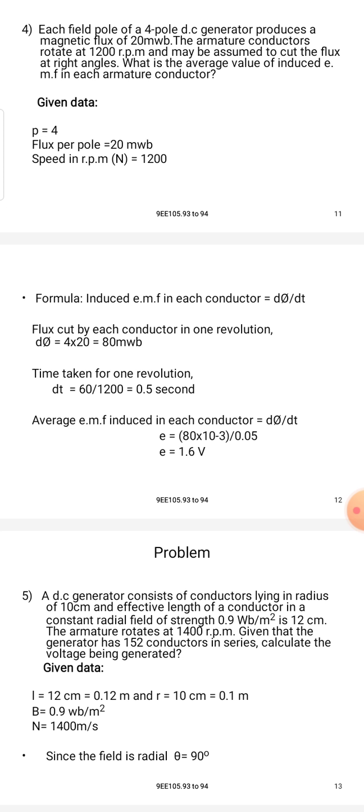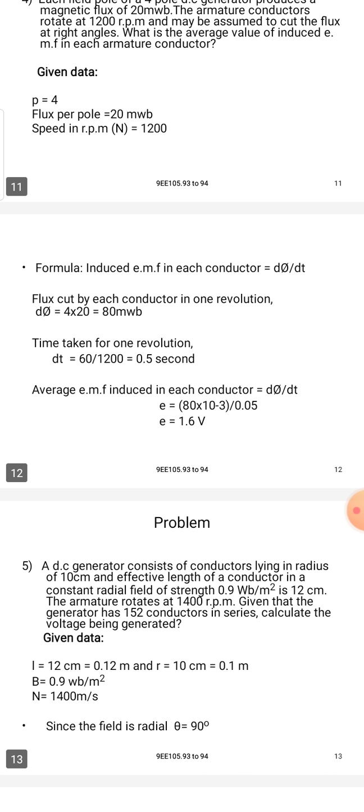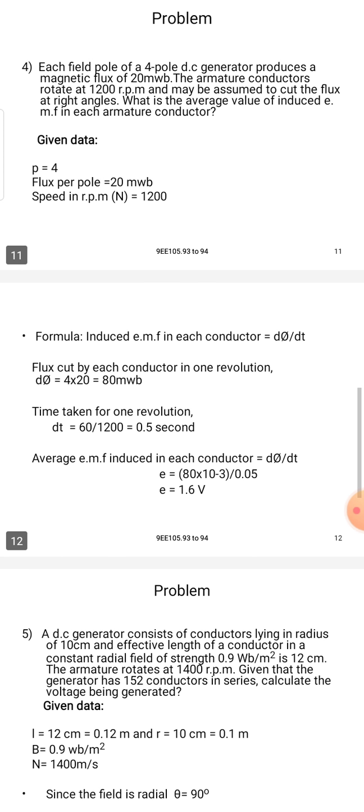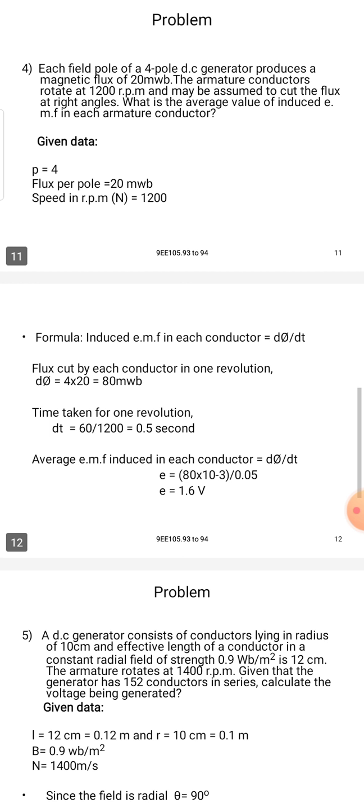The formula for the dynamically induced EMF in each conductor is dφ by dt. The flux cut by each conductor in one revolution: the number of poles is 4, flux is 20, total 80 milliwebers.